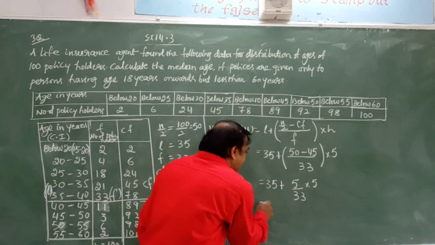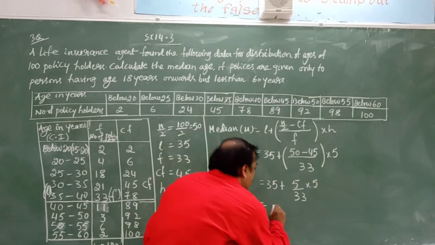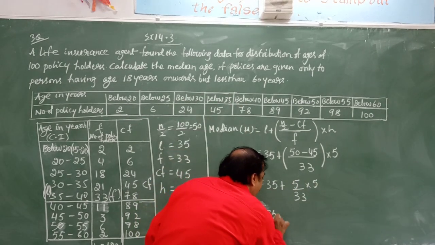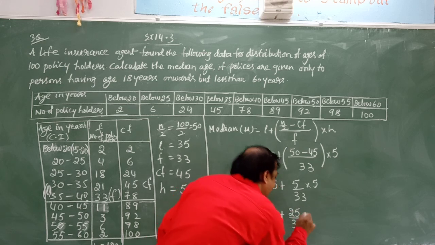Now, can you cancel this? No, you cannot cancel. 5 fives are 25. Next step, 35 plus 25 by 33.